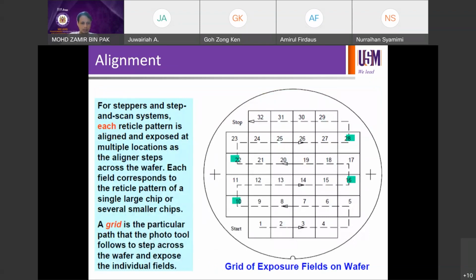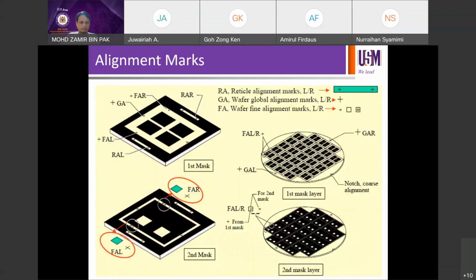So we discussed this before, and we discussed the alignment marks. Before you start your exposure process, the scanner needs to find the alignment mark before the scan and print, and expose. So selagi dia tak jumpa alignment mark tu, it won't start the process. Instead, it will raise an alarm to say that, for example, alignment mark problem or something.